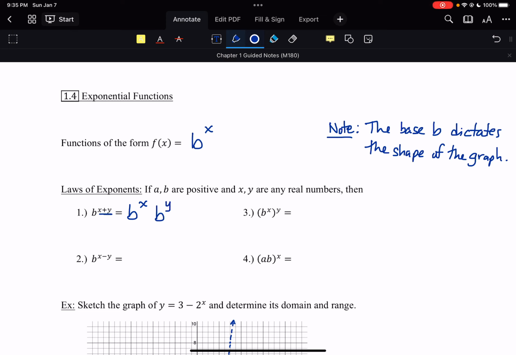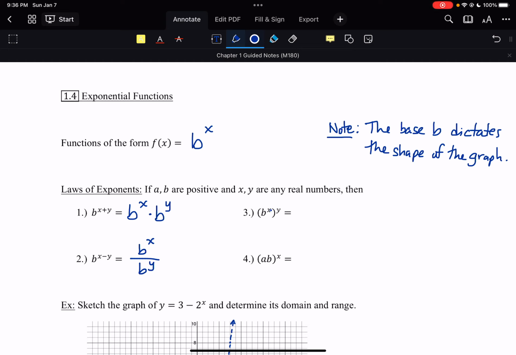So adding within the exponents is the same thing as multiplying the bases. For b to the x minus y, it does the same kind of thing, but this one was addition turning into multiplication. For subtraction, that's going to turn into division. So this will be b to the x over b to the y.